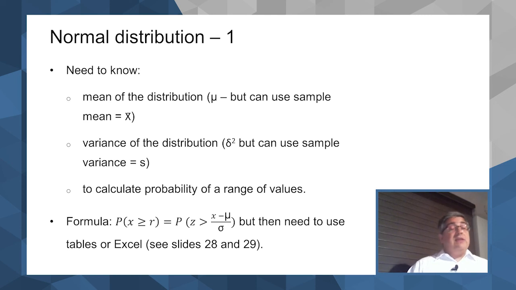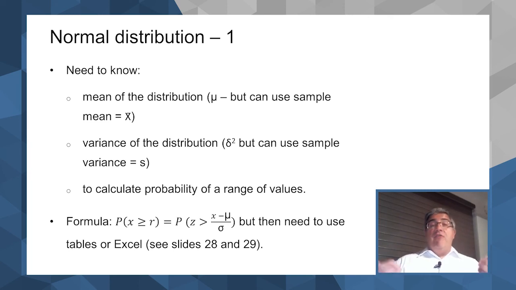Now, in order to do that, we could calculate manually, but there is a quite complex formula. But because normal distributions all behave in the same overall shape, what we can do is standardize our normal distribution by doing what's in there, calculating what's called the z-score, which is the value we are looking for, minus the mean of the distribution divided by the standard deviation of the distribution.